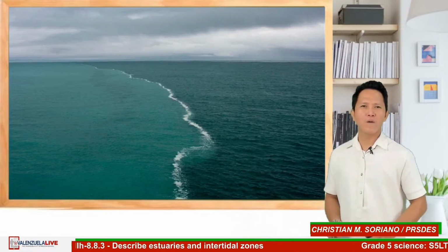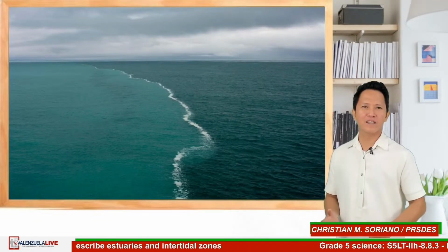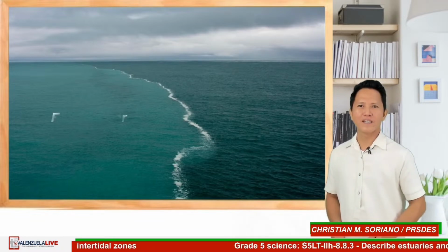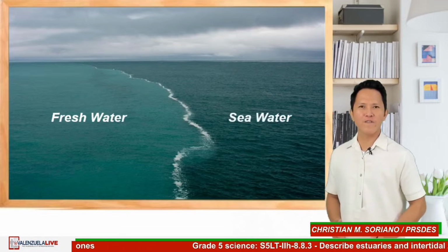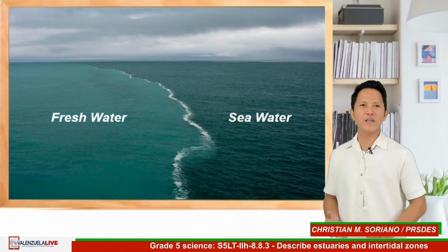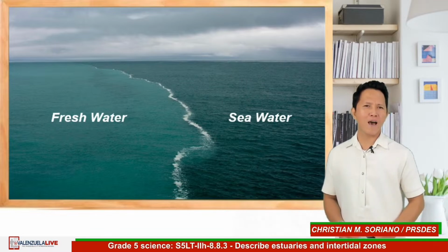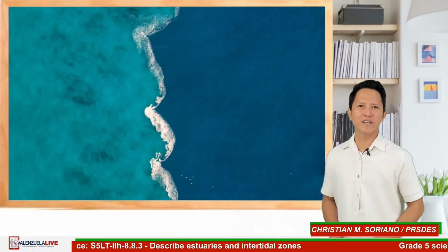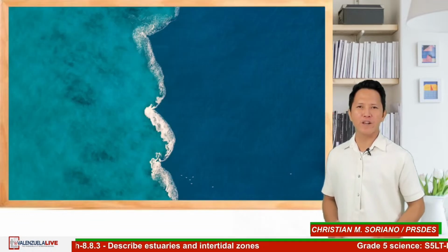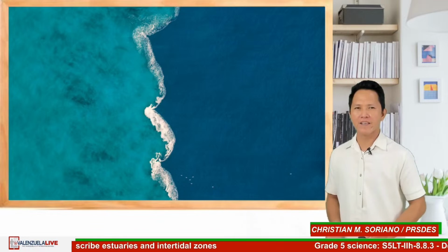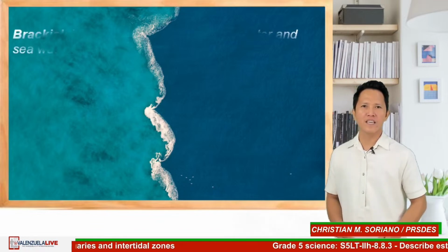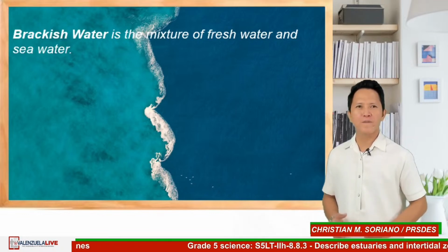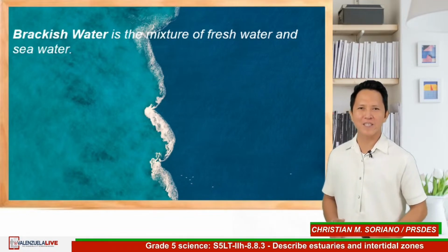Now, what happens to the water that comes from different rivers? This is the fresh water from the river, and this is the sea water. What will happen if they combine? The answer is the combination of the fresh water from the river and the salt water from the sea is brackish water, which is the mixture of fresh water and seawater.